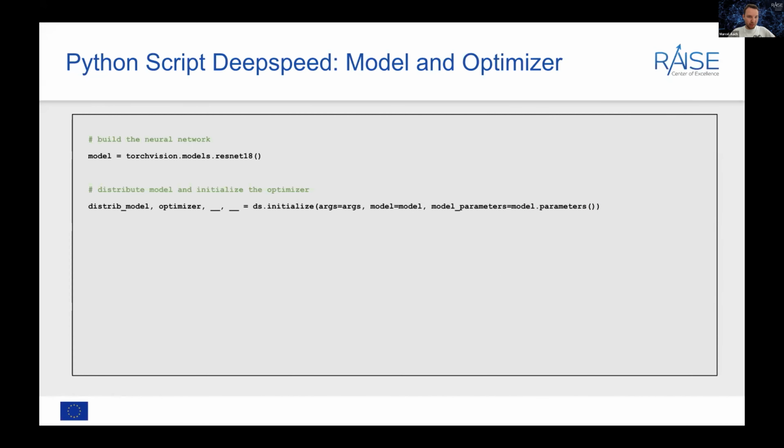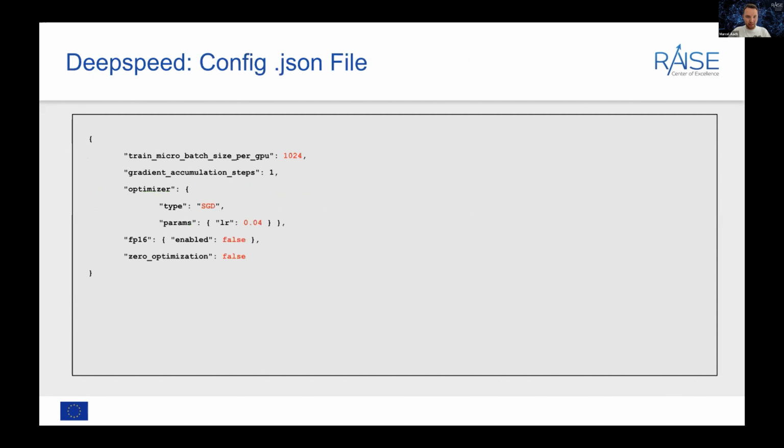Then we build our model, again a ResNet 18. And this is where things start to be different from the PyTorch DDP case, because here we initialize our model and also our optimizer in a distributed fashion by calling this deepspeed.initialize function. This function relies on a separate JSON file to get the information, for example, for the optimizer.